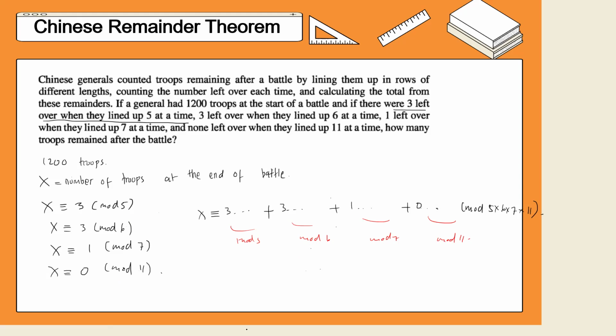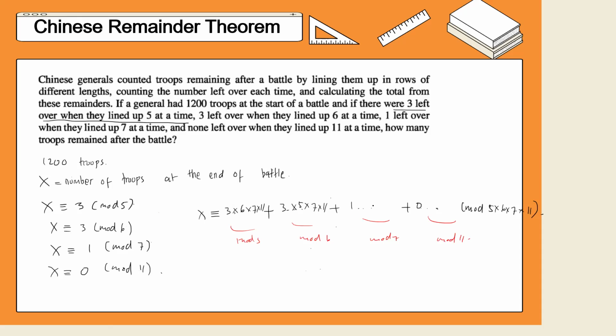Then, for each of these numbers, you multiply it with all the moduli that are not the modulus of that congruence. So, aside from modulo 5, you multiply 3 with 6 times 7 times 11. For the second one, you multiply with 5 times 7 times 11.